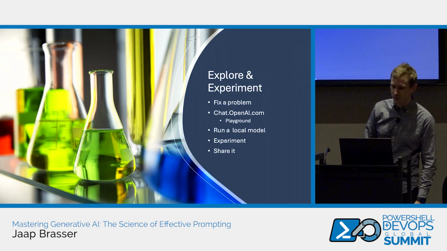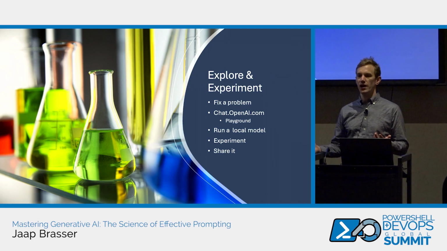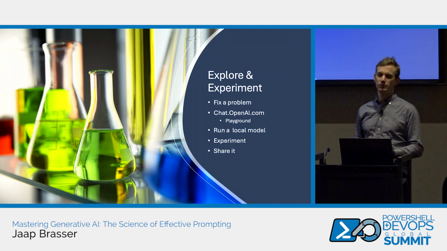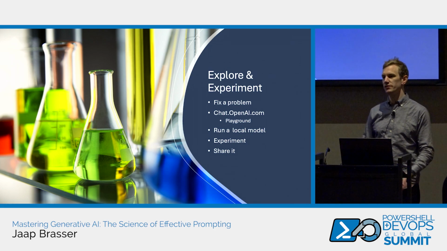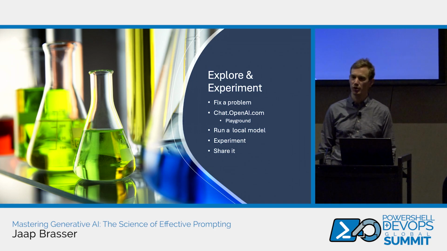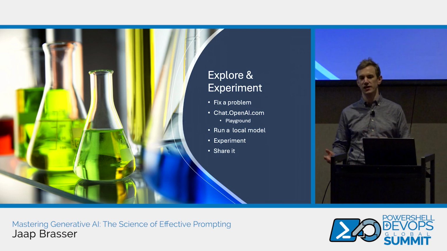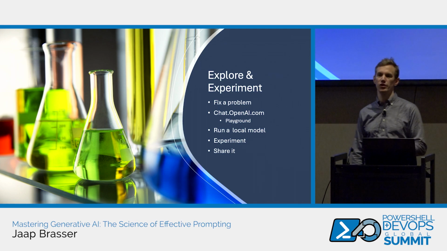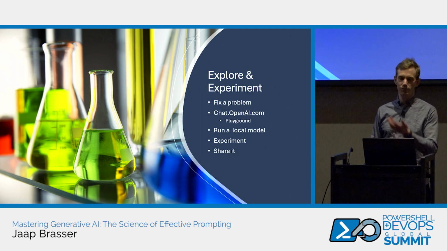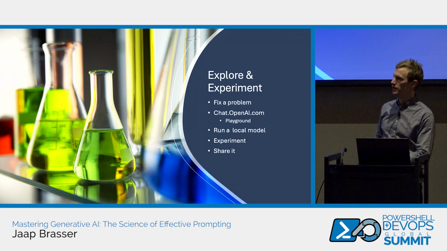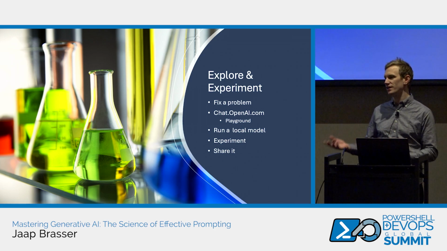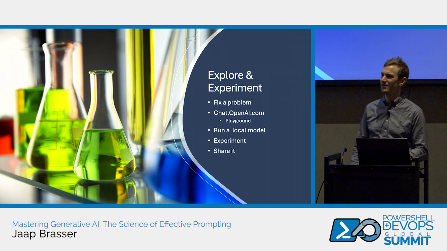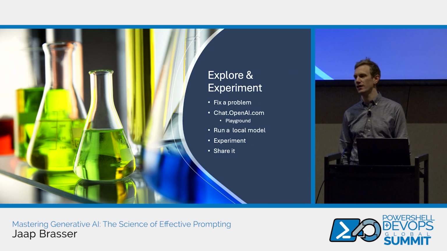Going forward, what I would encourage you to do is to explore and experiment. Try to identify a problem that you have, find a challenge, and try to fix it using the workflows here. Chat.openai is my playground. I test my API request there first to get an idea of how it will respond to those.